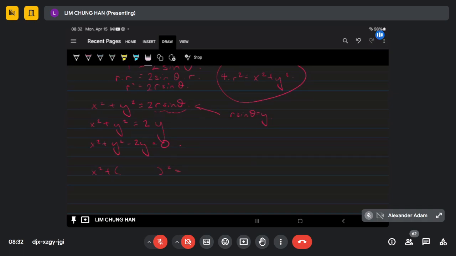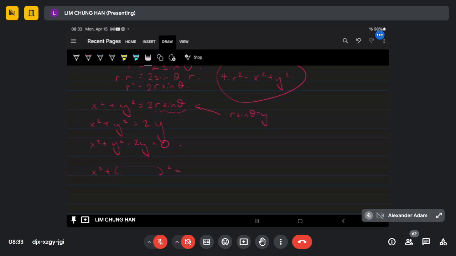What do you get when you factorize y? Quick, how? How to factorize this?